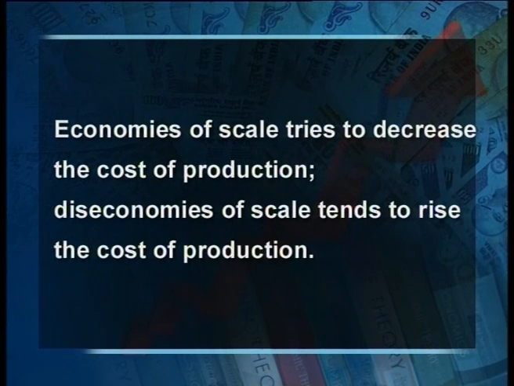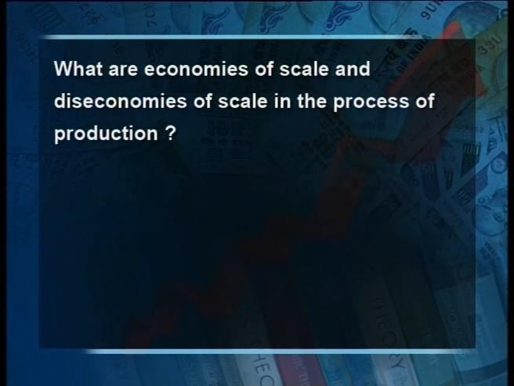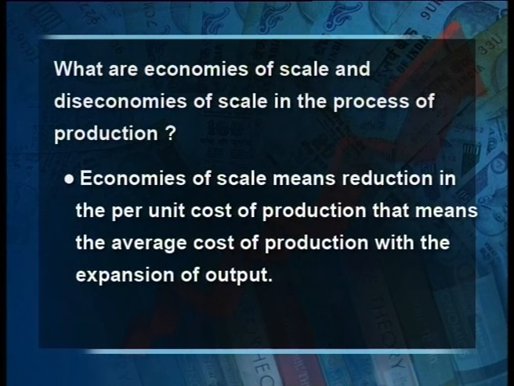Let us now understand what economies of scale and diseconomies of scale mean in the process of production. Economies of scale means reduction in the per unit cost of production, that means average cost of production, with the expansion of output.